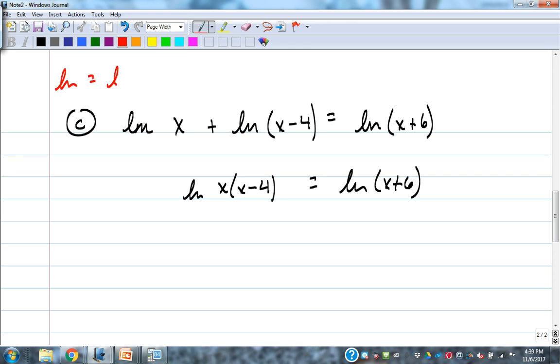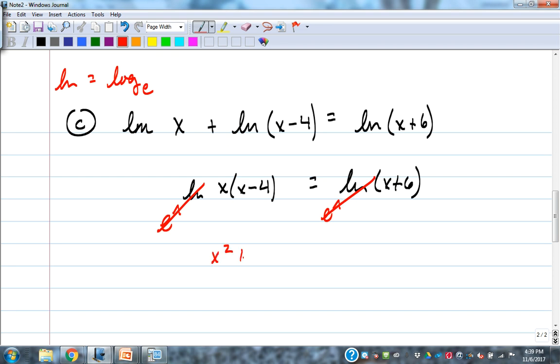Remember, natural log is log base what? e. Guys, don't forget that e is just a number. So I'm going to exponentiate with e. It works great here because e and the natural log cancel each other out.